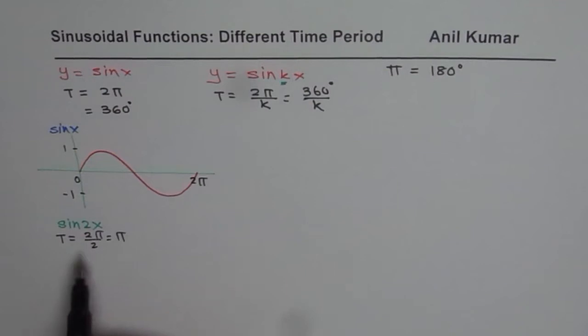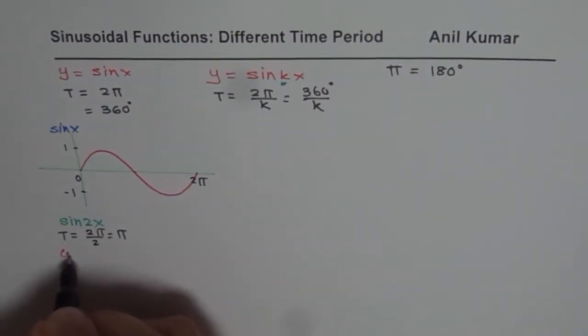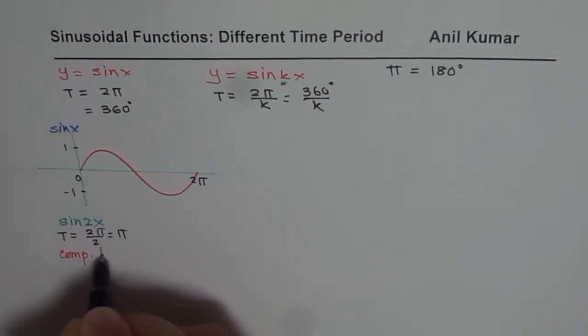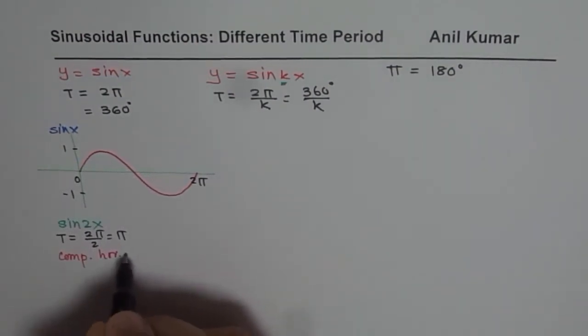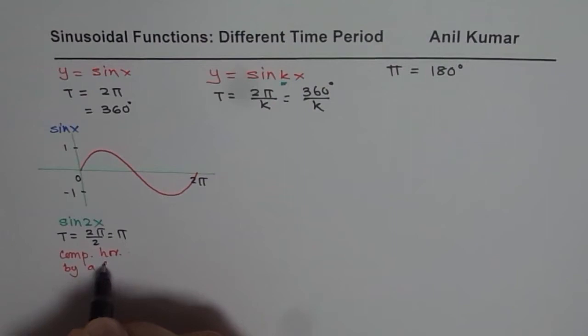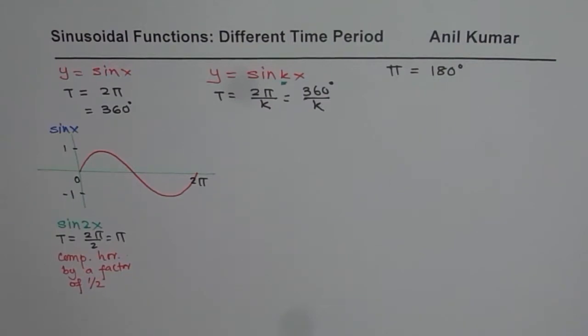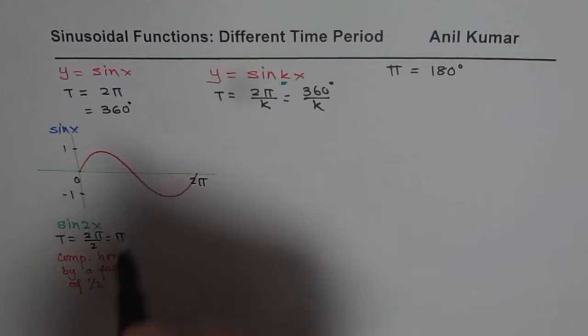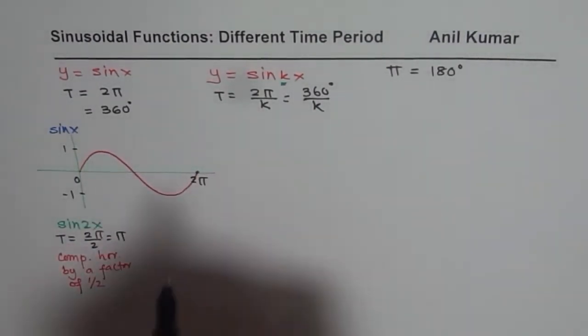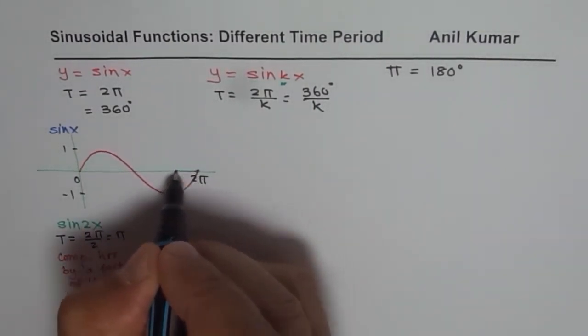That means that particular wave sine 2x will be compressed horizontally by a factor of half. Do you see that? What I mean by a factor of half is that each and every point on the sine wave, for example this 0, will move to half the location.